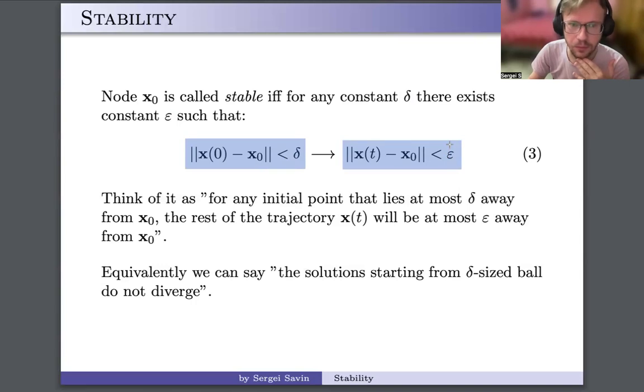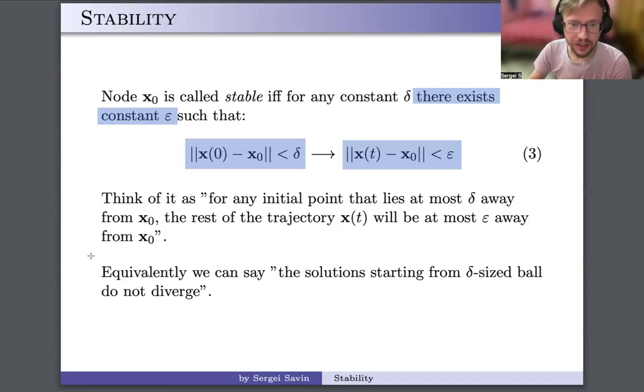But let us be careful. We're saying that there exists epsilon. We don't say epsilon is equal to something. So epsilon can be very large. We're not saying that because the initial conditions are only a small distance away from x0, let's say delta is small, that implies that epsilon has to be small. Epsilon can be much bigger, but it cannot be infinite.